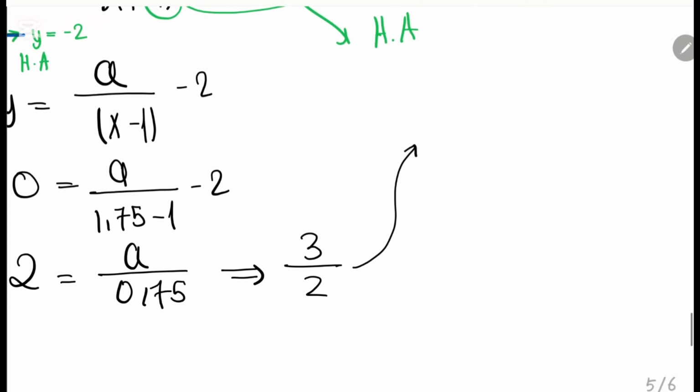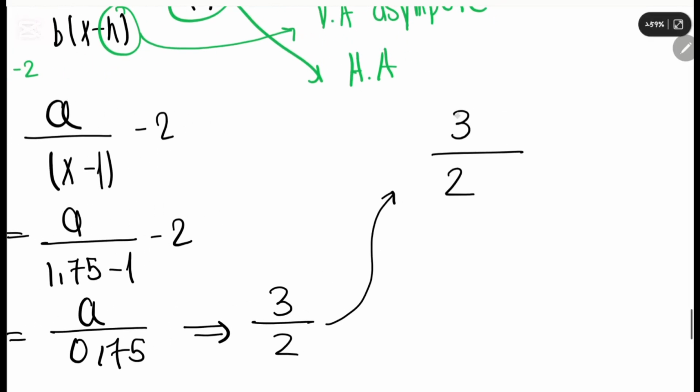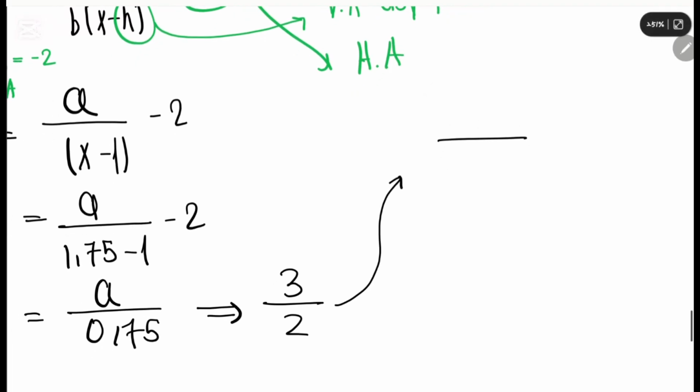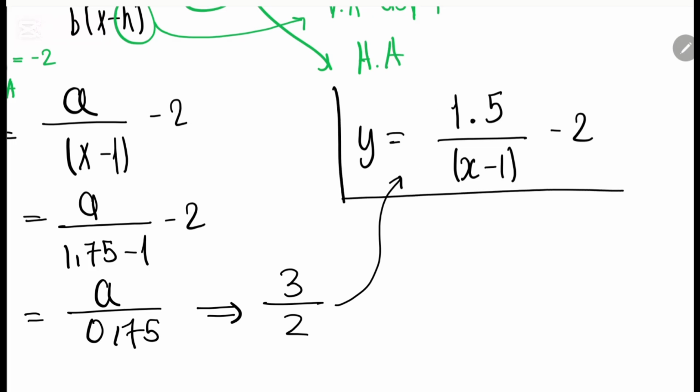Plugging it back together, a is going to be 3 over 2, right? a can be a fraction or a number, but if it's a fraction, just move the 2 down here. So 3 over 2, or you can just write 1.5. I'll write 1.5 to just clear things up, so it's not confusing. So 1.5 over x minus 1, minus 2, y equals, of course. That's going to be your equation of this graph.